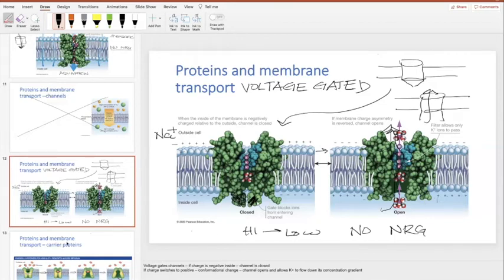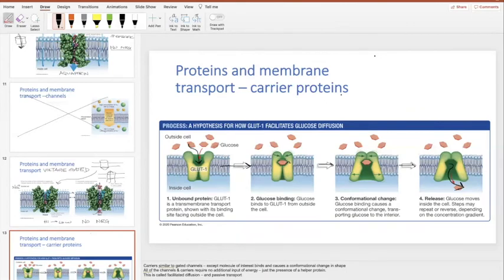Let's look at another example of facilitated diffusion using a little bit different type of protein called a carrier protein, but this protein also controls the rate of entry into the cells. So this carrier protein is one called GLUT1, and it's involved in transporting glucose inside the cell. Now let's review. Glucose is polar and glucose is large.